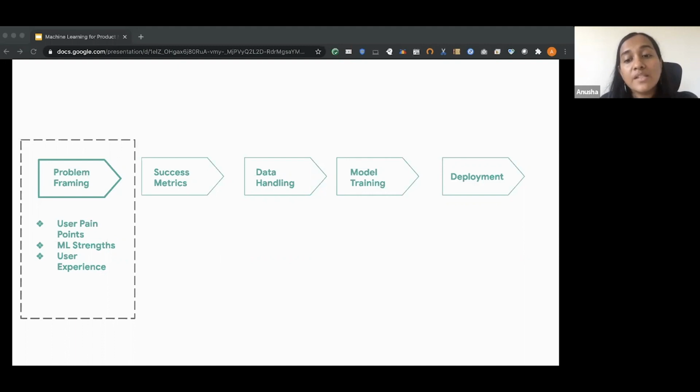Now, once you identify a good intersection of problem and the solution based on machine learning, it's important to consider how the user experience will change. For example, is this new ML-powered experience going to interfere with users' habituation or muscle memory? Are there ways where you can actually lessen that? Let's take the example of, let's say we are building a next generation car.